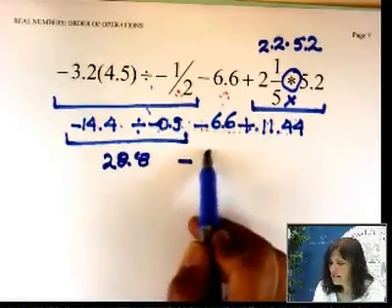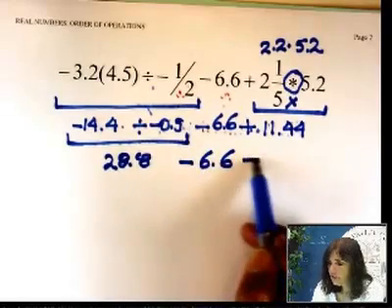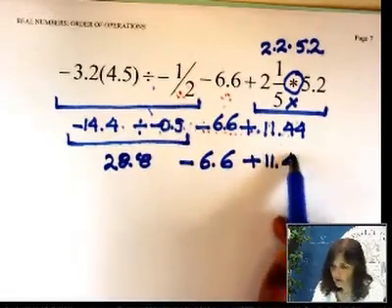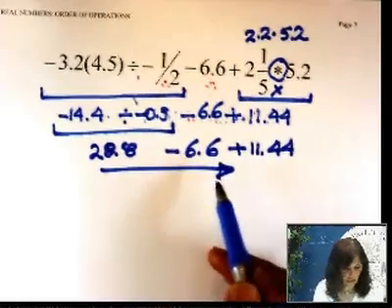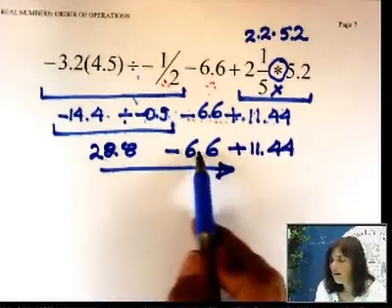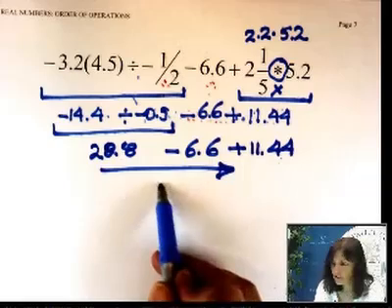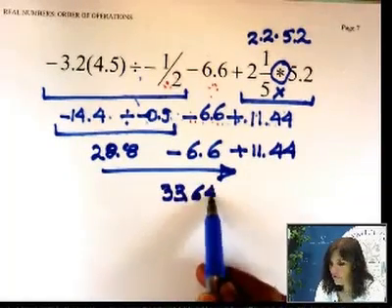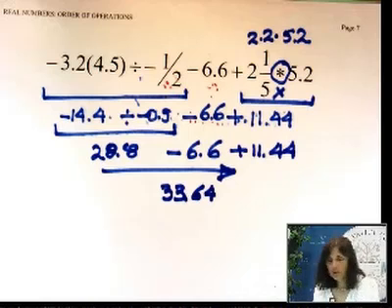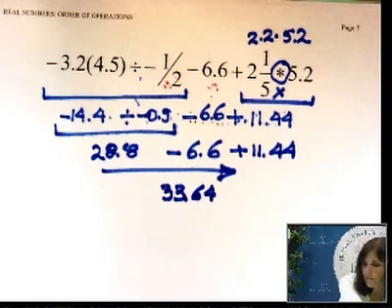Then I still have a 6.6. I still have an 11.44. Now you do them from left to right, and you're going to get this minus that plus that. That's going to give me 33.64. Is that right? All right. So let me do this with my calculator.